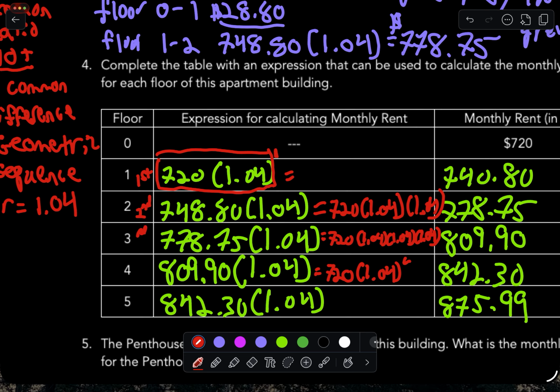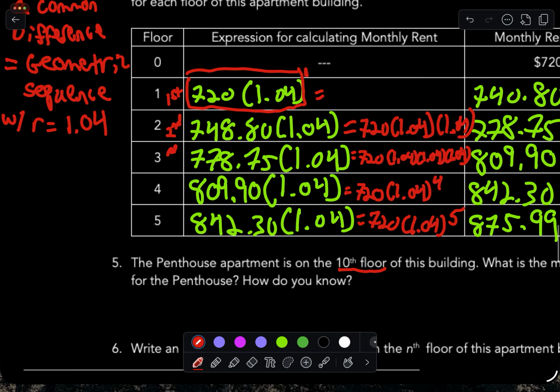So this is going to be to the fourth power. So we can write it like this. And then this equals 720 times 1.04 to the fifth power. So if they want the 10th floor, that would just be 720 times 1.04 to the 10th power.